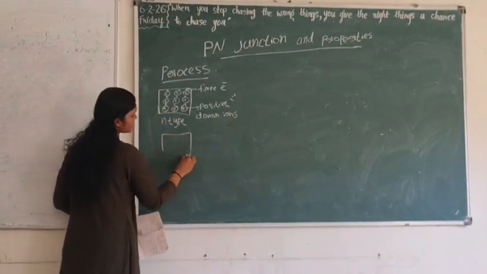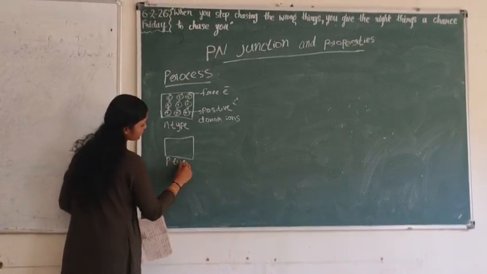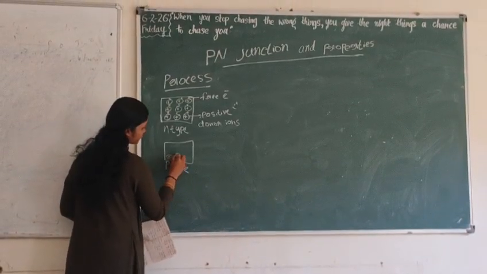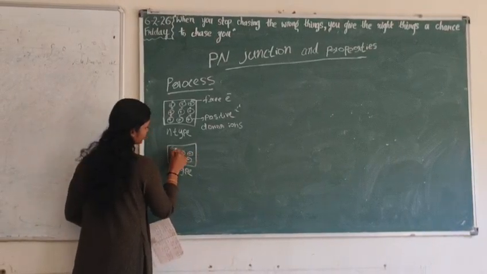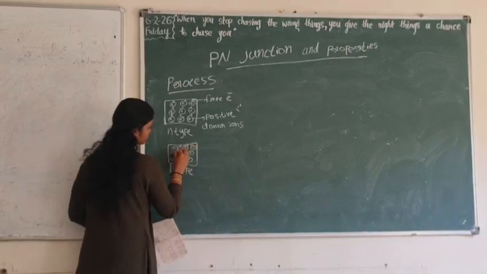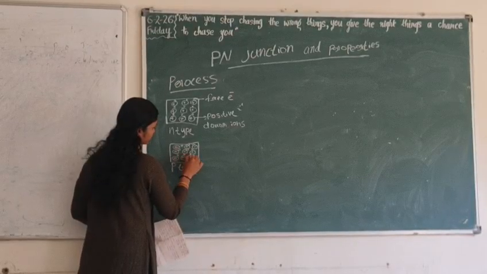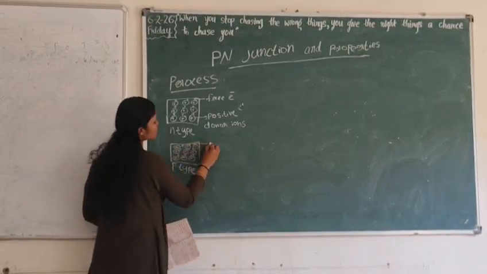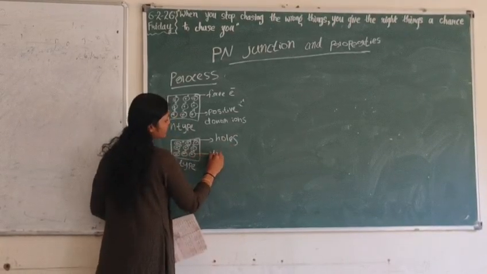And we consider a P-type semiconductor, with a large concentration of holes and negative acceptor ions.